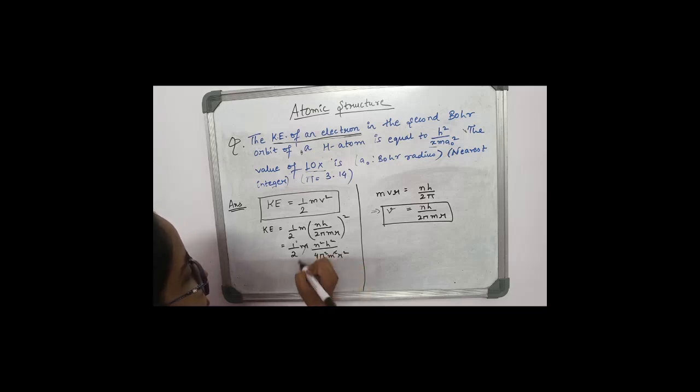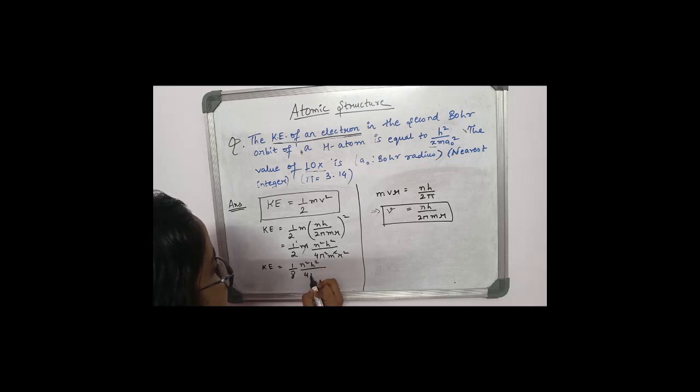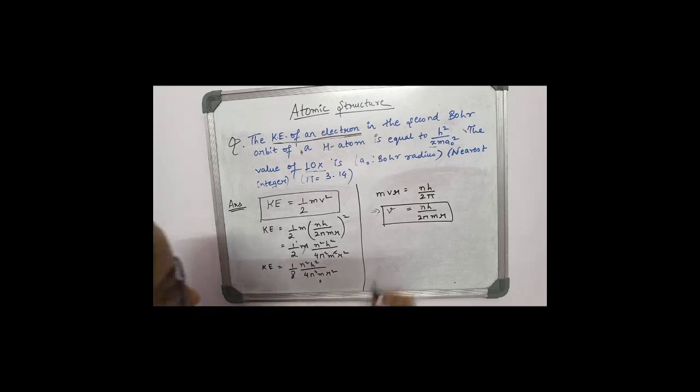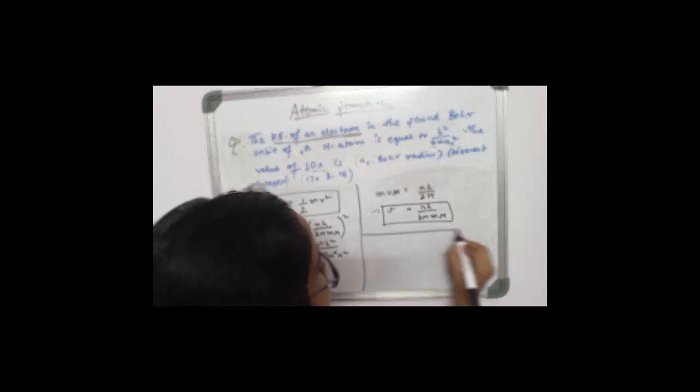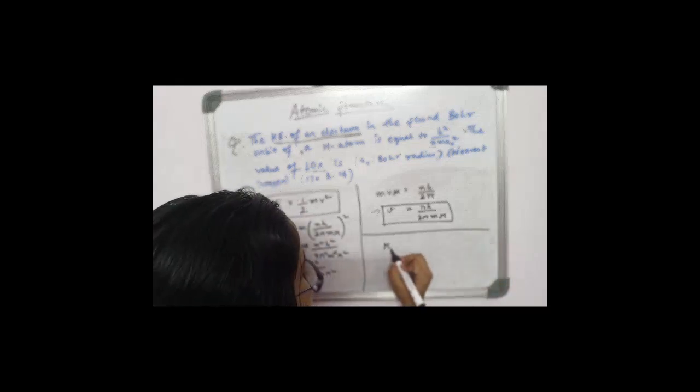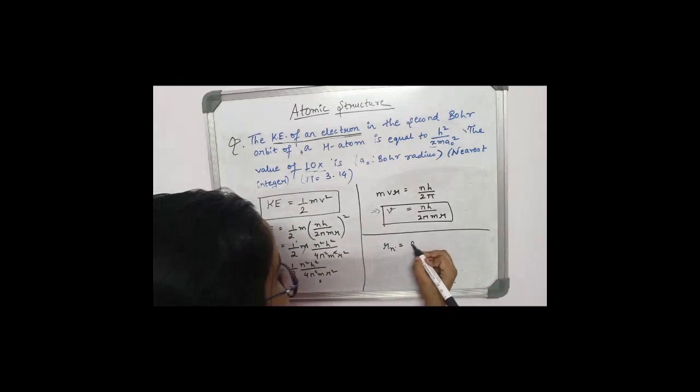Now we cancel one m and we get 1 by 2, m, n square h square by 4 pi square m square r square.